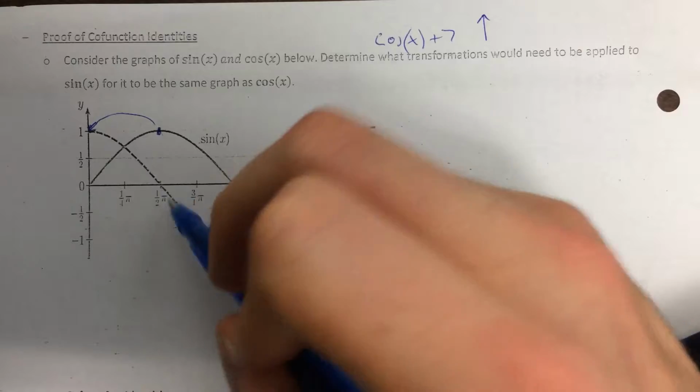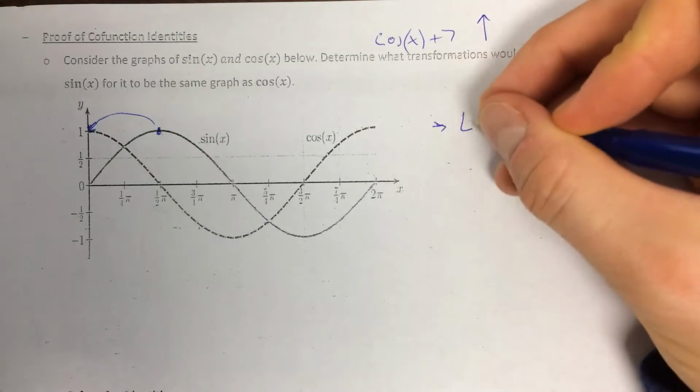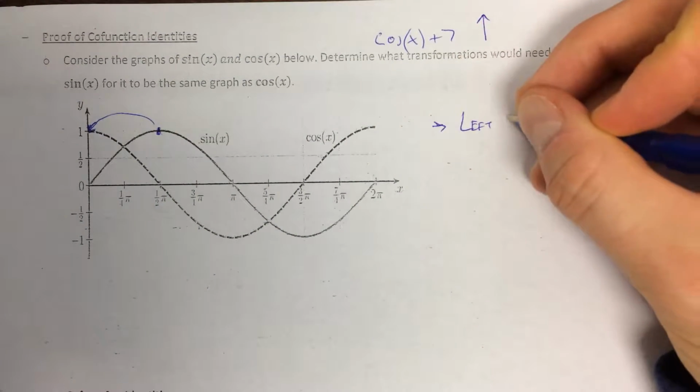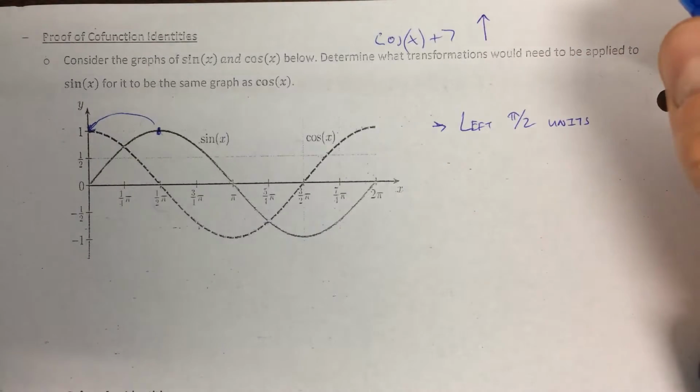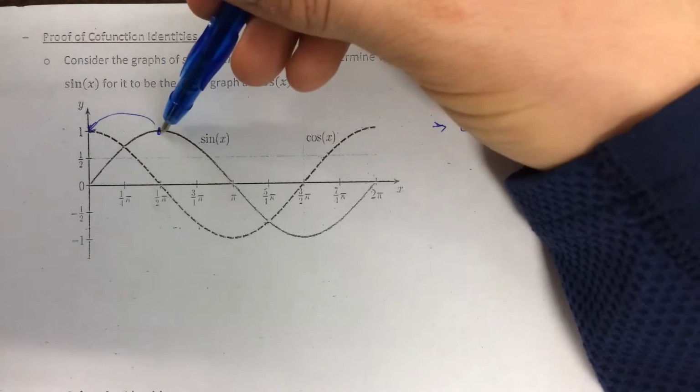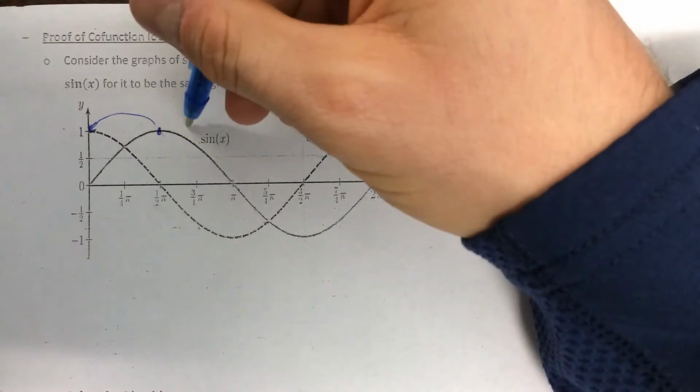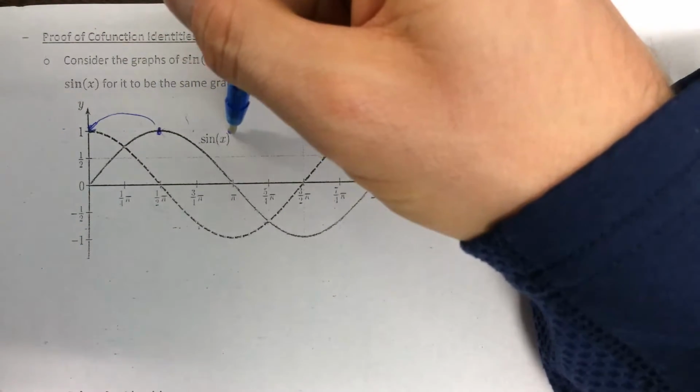It looks like pi over 2 units. That's one thing we could do. Or we can move it to the right pi over 2 units.